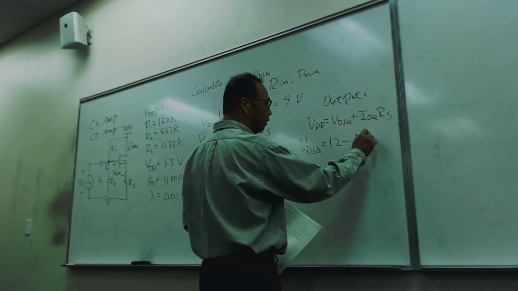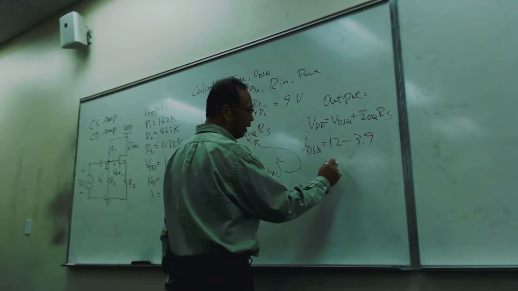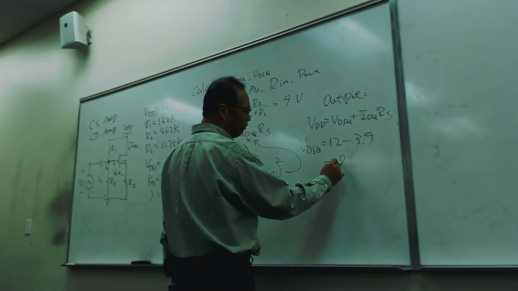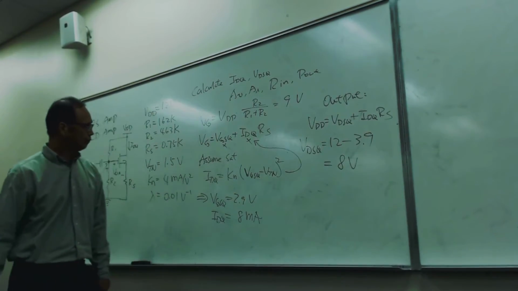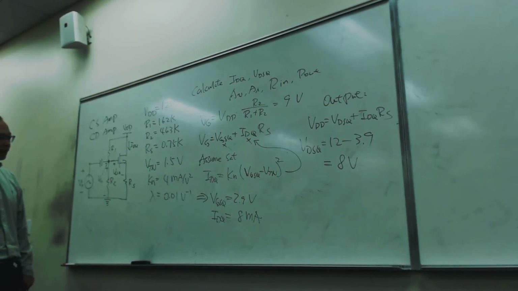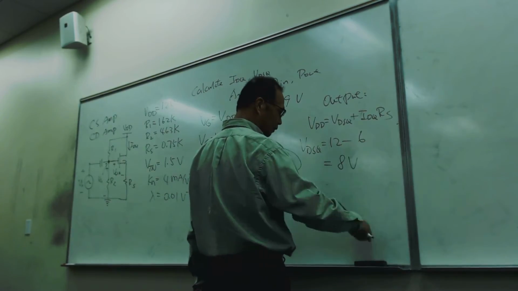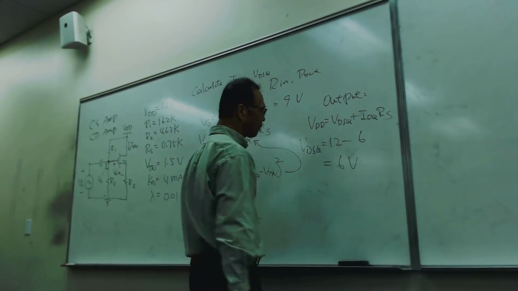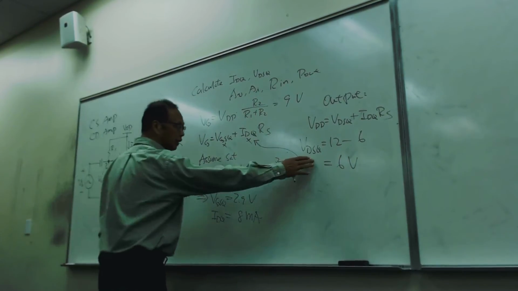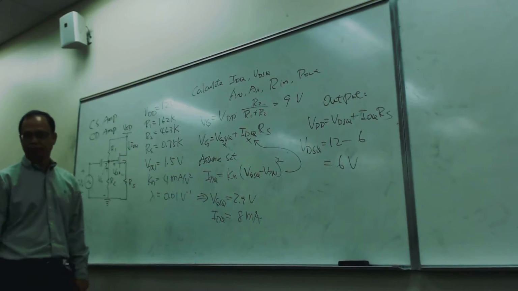About 3.9? Not sure. So anyway, let's say it's about 4, right? So that's 8 volts. Oh, it's around 6? Yes. Okay. So you get 6 volts, right? So basically with this and that, you have found the what? The Q point. Yes?